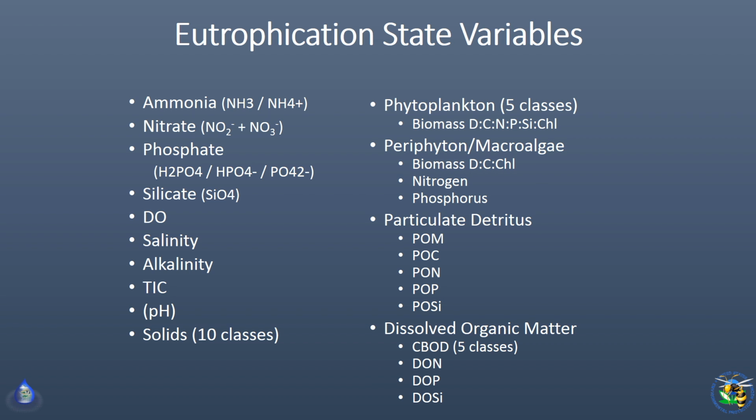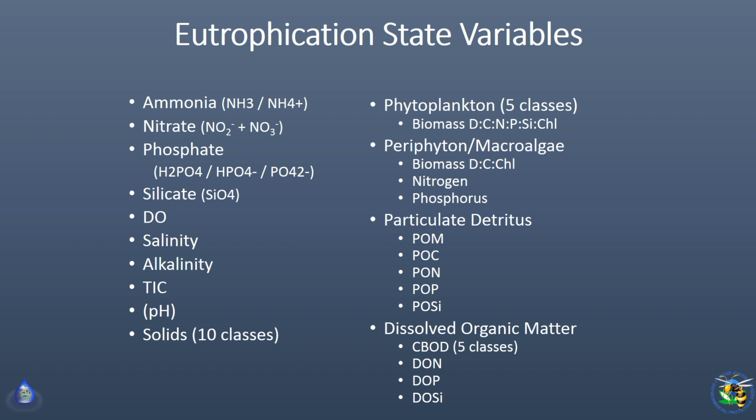solids classes. For phytoplankton, you can have up to 5 classes. These classes could be specific assemblages, or they could be assemblages that are based upon light and temperature requirements. And then for periphyton and macroalgae, you can have up to 3 classes of those, and those each have their own state variables for nitrogen and phosphorus because they use Droop kinetics to take into account luxury consumption when they're growing.